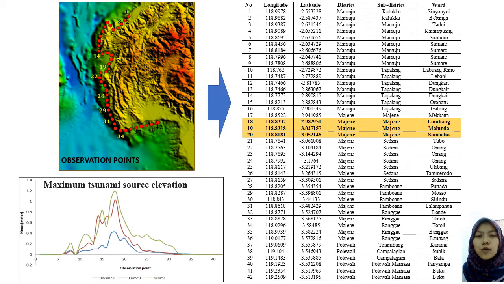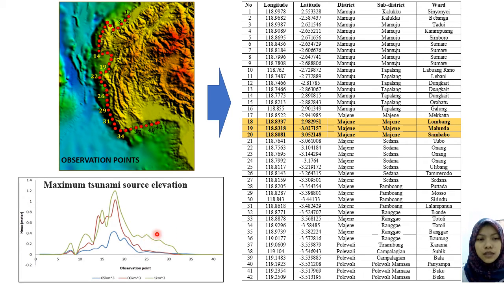From the NHWAVE simulation, we can obtain the maximum tsunami elevation for each observation point, and this figure shows each observation point that we will analyze, and this table shows the location of each point. This graphic is the maximum tsunami source elevation at every observation point, and it is seen that the three scenarios have relatively the same pattern, but with different heights of elevation.